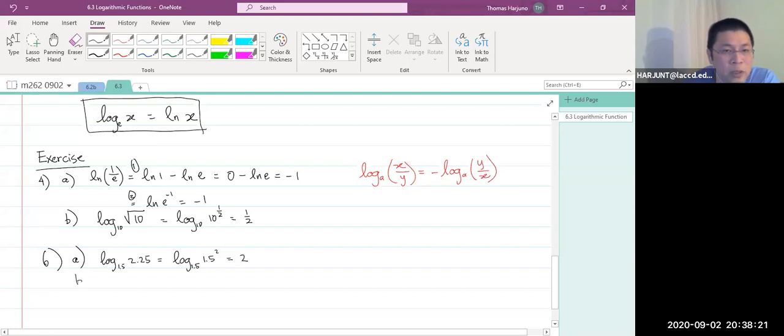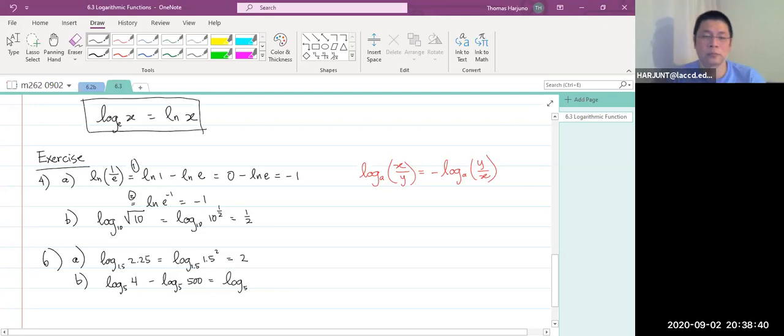Part B, log base 5 of 4 minus log base 5 of 500. There are actually a couple of ways to do this.